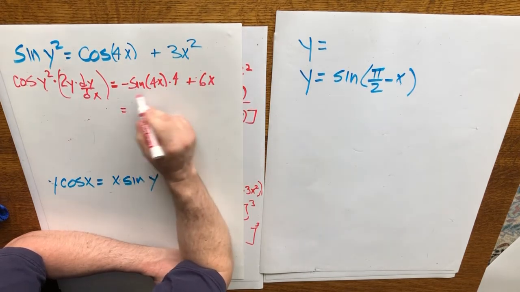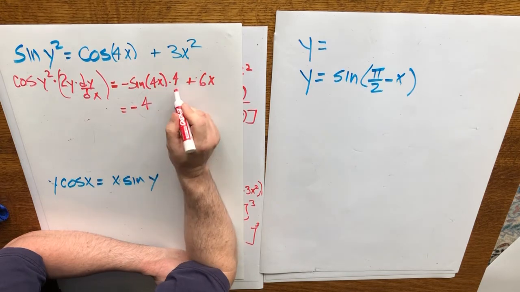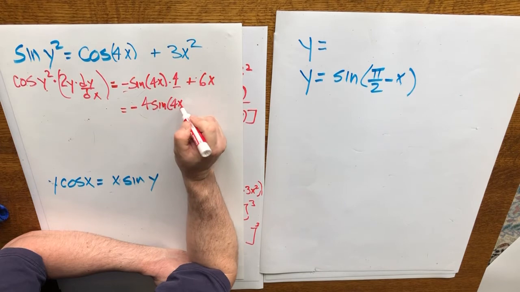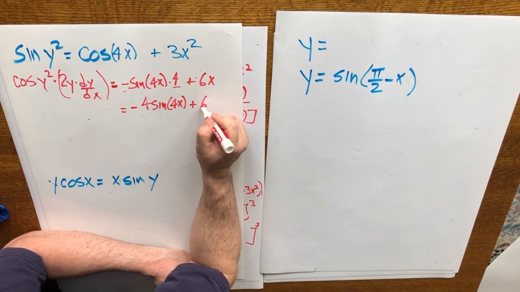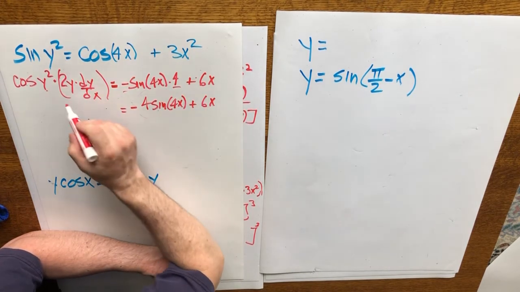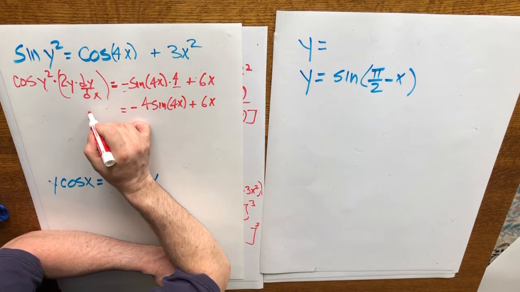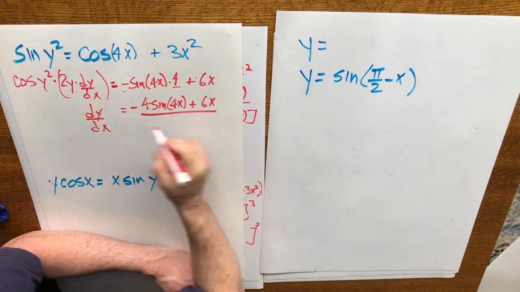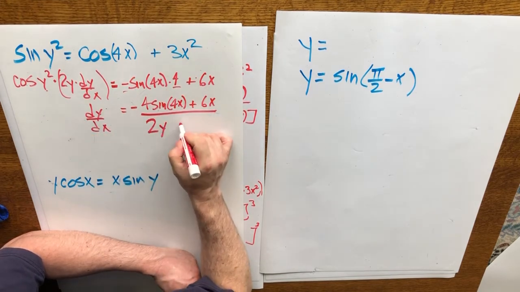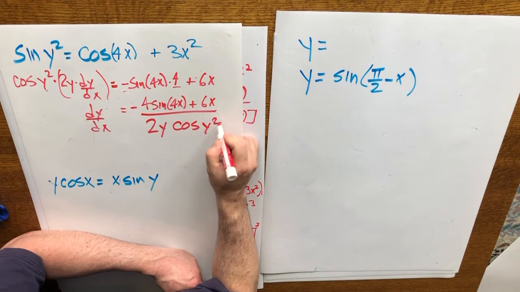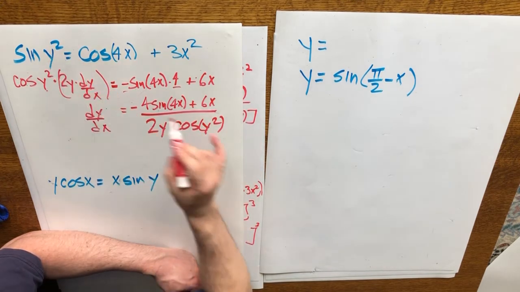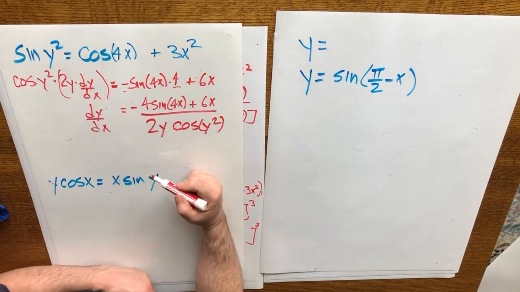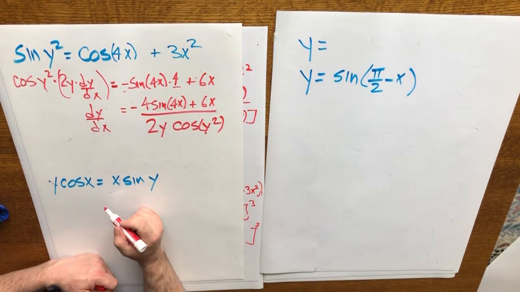So as we simplify this side right here, we have a negative 4, putting this and this in front, negative 4 sine 4x plus 6x, and then I recognize that I'm going to divide here to say dy over dx equals all of that divided by 2y cos of y squared. Argument in the question, argument in the answer. They don't change. Here is a product rule on both sides.